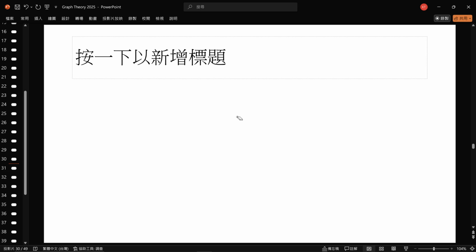But first I want to define the potentially connected degree sequence. Basically this means that this degree sequence can be realized by some connected graph.